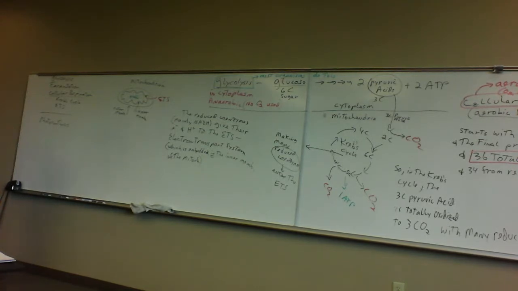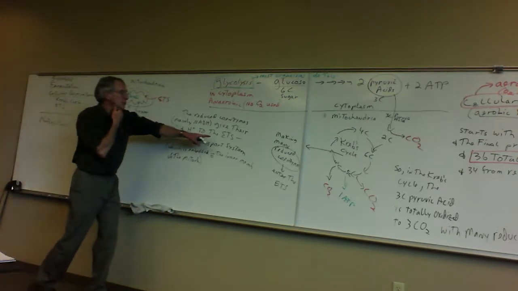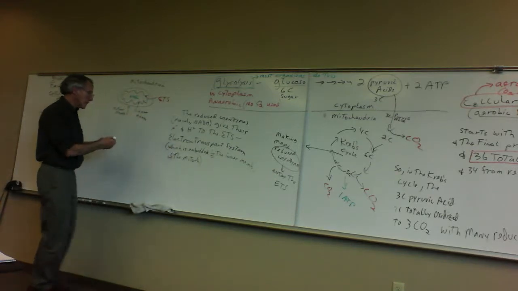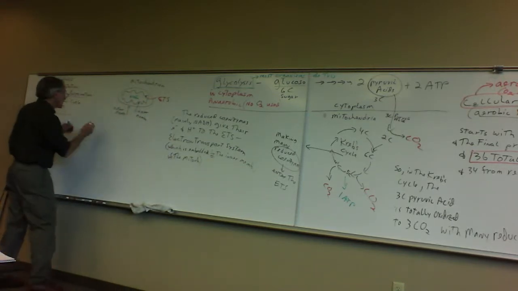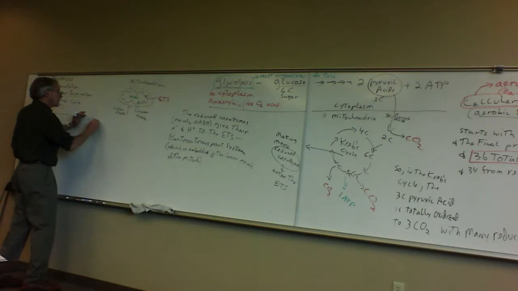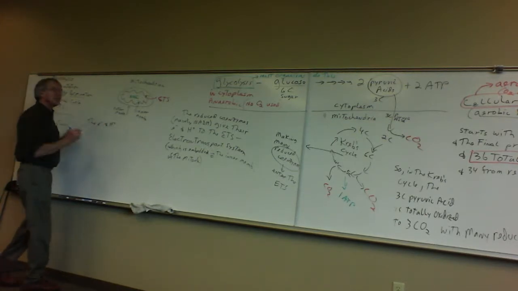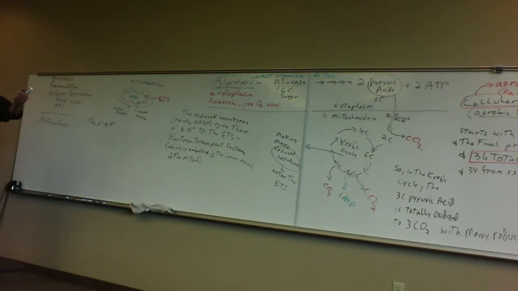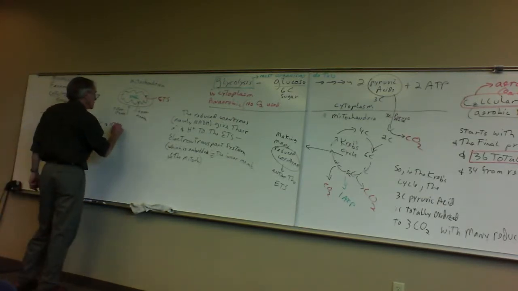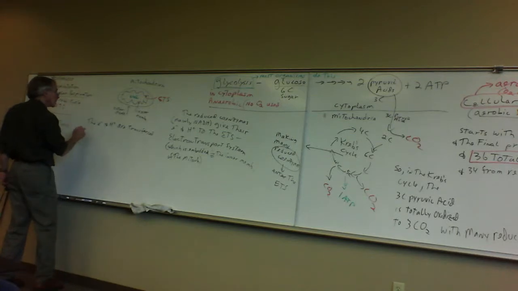So the reduced coenzymes give their electrons and hydrogen to the electron transfer system. Continuing on with this, the electrons and H plus. And see, sometimes electrons are transferred with the H plus, sometimes just the electrons are transferred. So that's why I say whatever. But the electrons and hydrogens are transferred from one molecule to another.